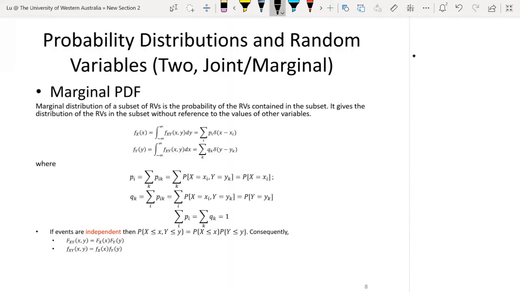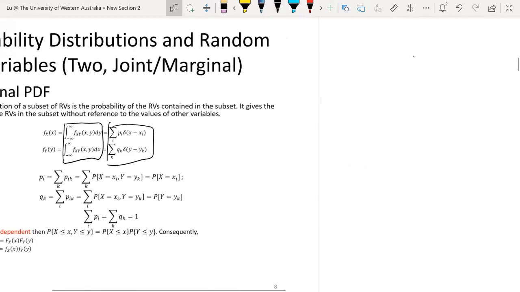Calculation is pretty easy. There are two different cases. For the continuous case, please use this formula. For the discrete case, please use such formula. But how to understand that? Let's use a simple example to explain this formula, okay? The marginal PDF of X is denoted by this one.